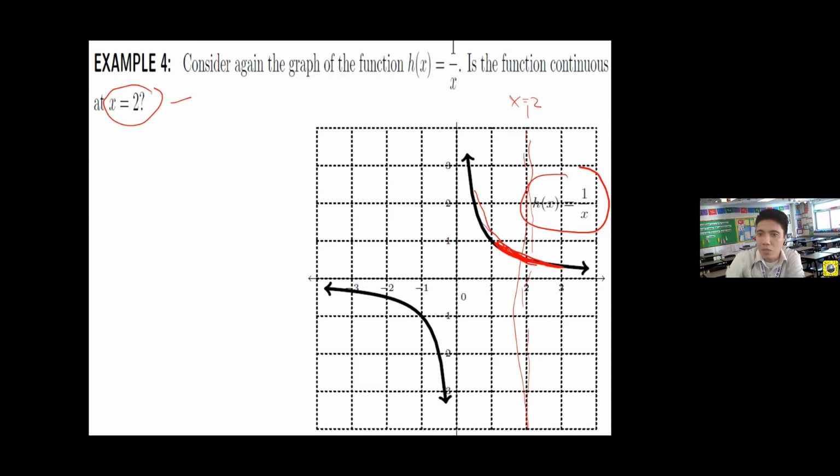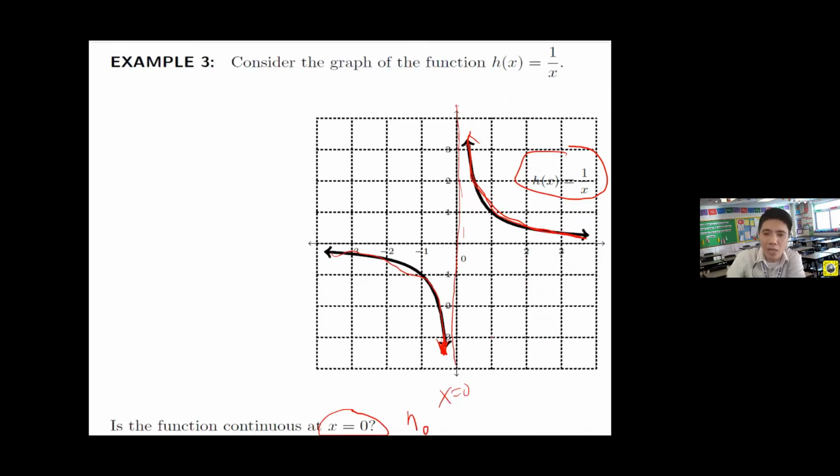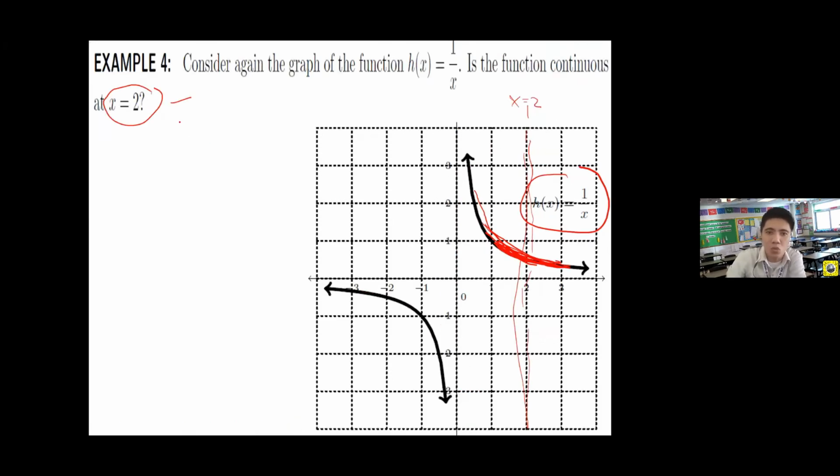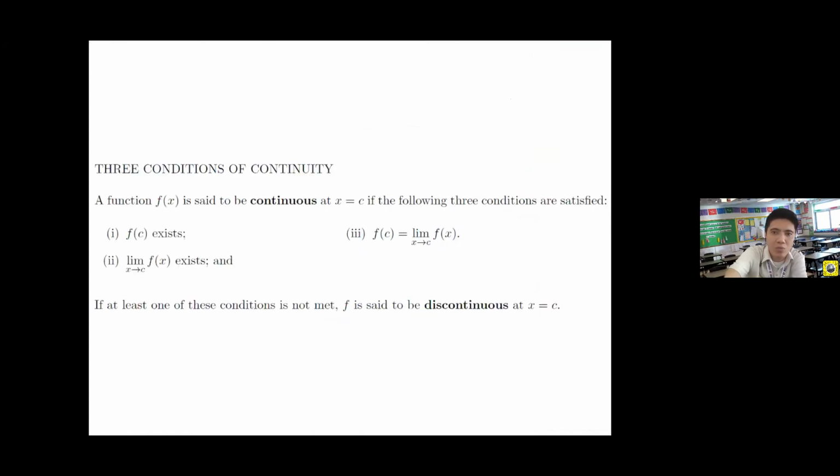Since we can sketch it straight through without lifting your hand, we can say that this is a continuous function at x equals 2. Earlier, it was not continuous at x equals 0, but at x equals 2, in this part, it is continuous. So it depends on which x equals something you choose. A function can be continuous at a certain point and not continuous at another point.